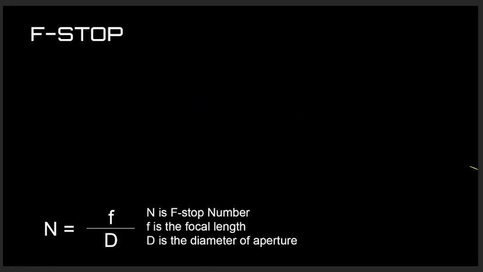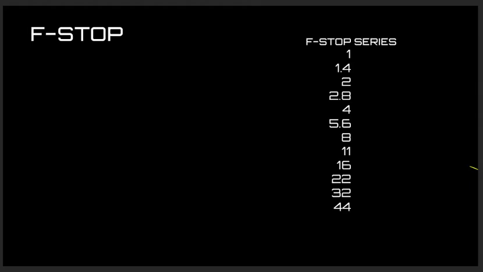All right, so now all of that brings us to the f-stop series. This is the series of numbers, all right? Now, for those of you who are mathematically inclined, do you see any patterns? So all of this has to do with the square root of 2.